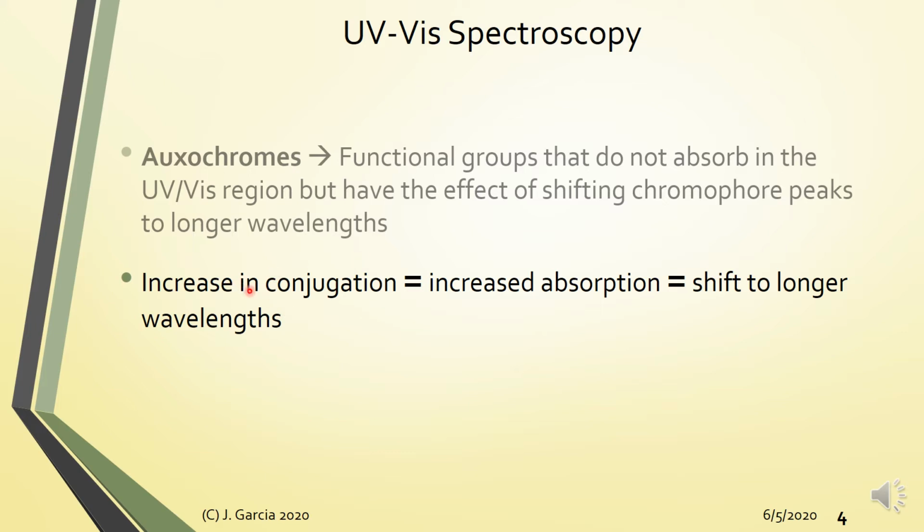Increasing the conjugation also increases the absorption, with the additional effect of shifting the wavelength of absorption towards longer wavelengths. Okay, so what does it mean? If the wavelength of absorption shifts towards longer wavelengths, it means that the molecule absorbs the radiation more easily compared to those that absorb at shorter wavelengths.